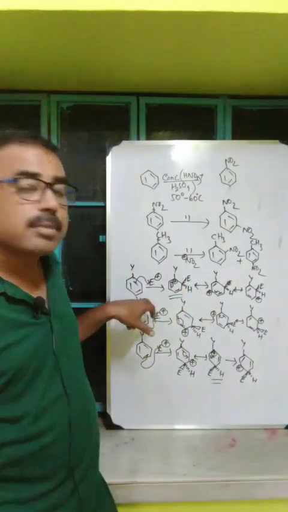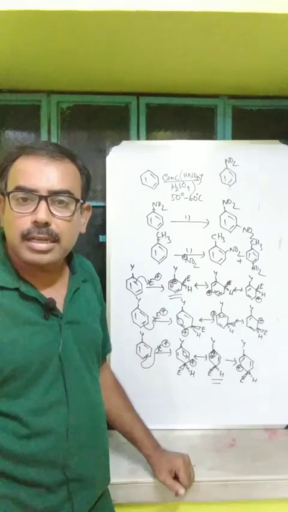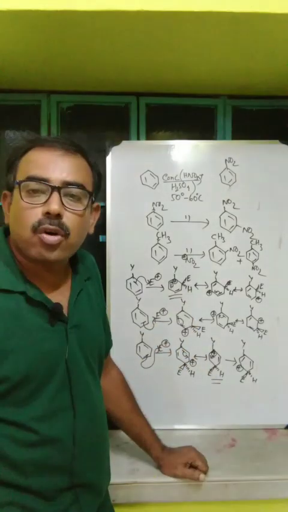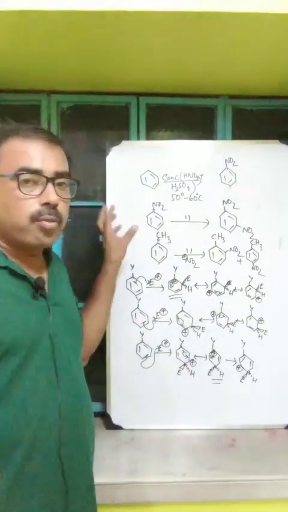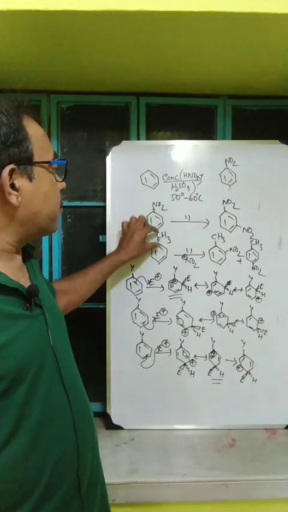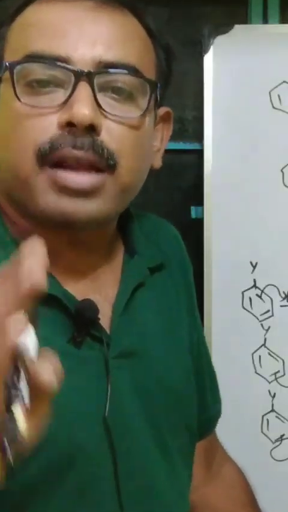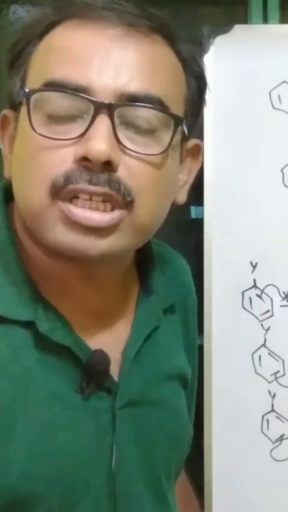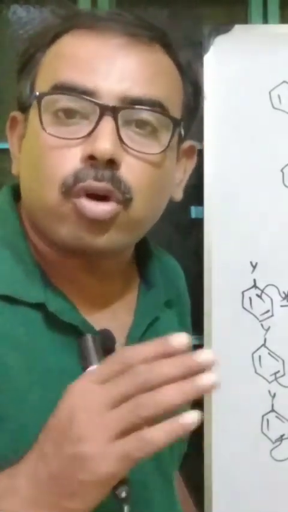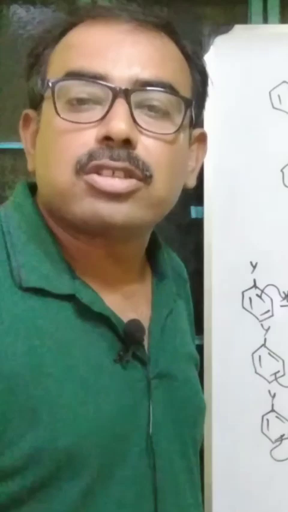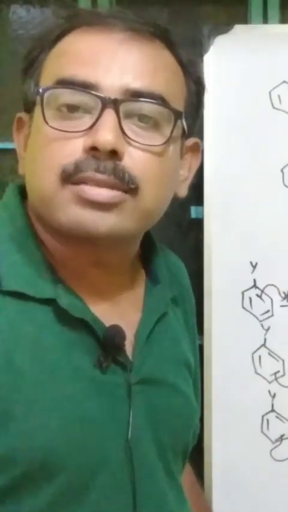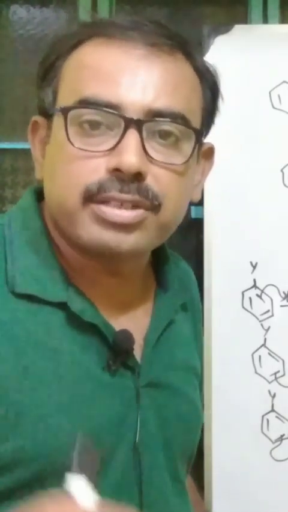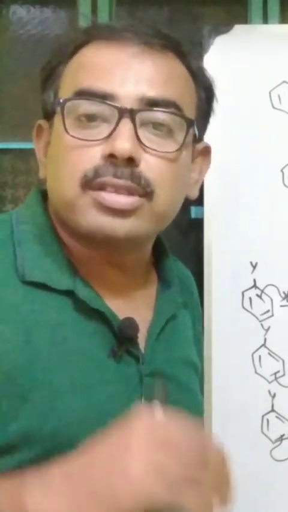That's why if Y has a minus I inductive effect, the incoming electrophile will go to the meta position with respect to the substituent already present. So if the substituent present in the benzene ring has a plus I inductive effect, it will be ortho-para orienting, that is, the incoming electrophile will go to ortho and para positions. And if the substituent has a minus I inductive effect, it will be meta orienting or meta directing. It will direct the incoming electrophile towards the meta position.